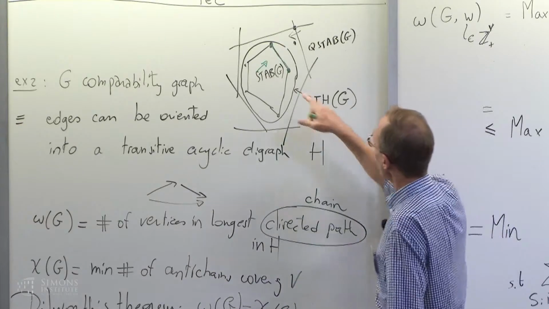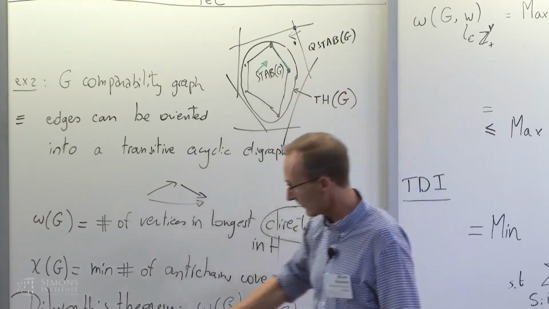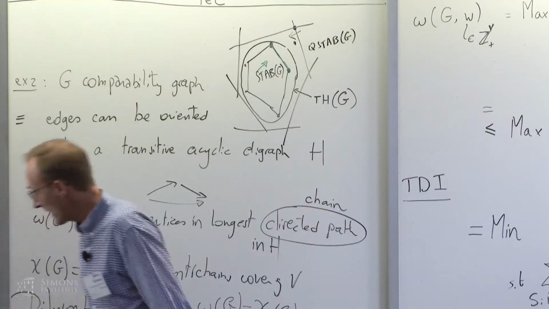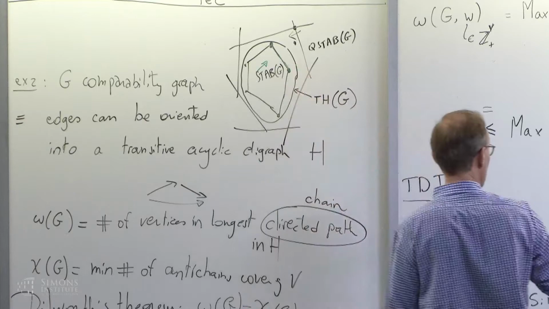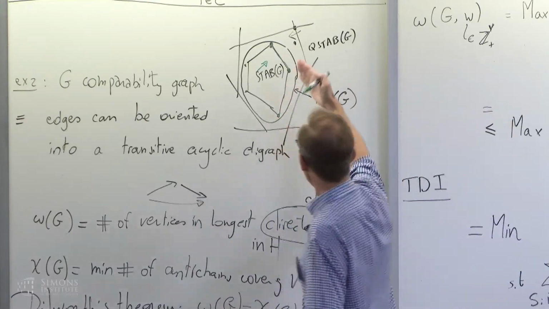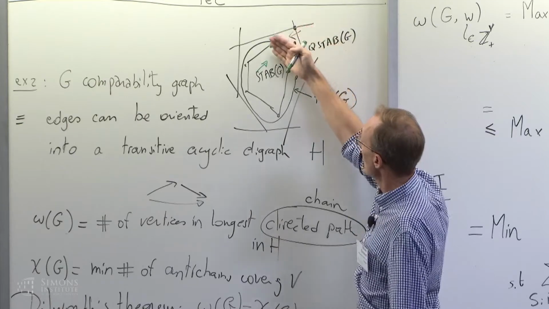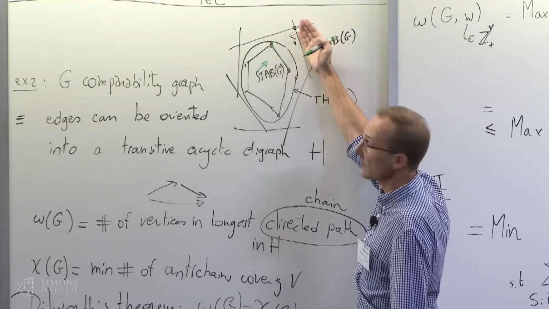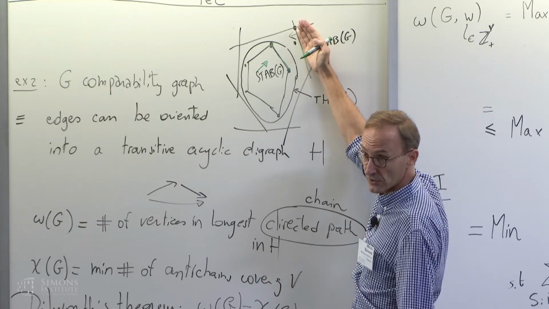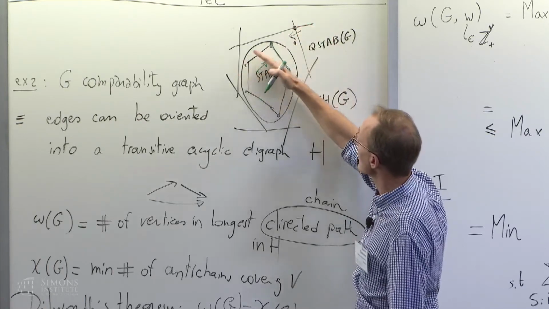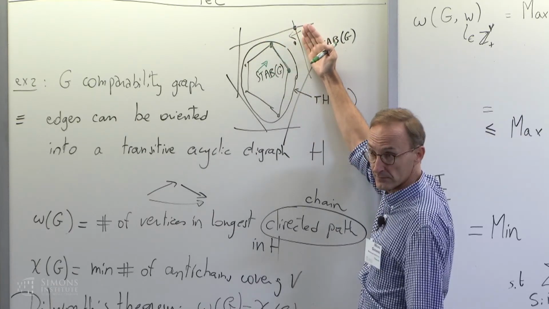Now, I know that stab of G is equal to Q stab of G. That's what I just proved. So I can use LP duality because I have a complete description of stab of G, a complete description in terms of linear inequalities. So by optimizing over stab of G, I get a corresponding dual solution.